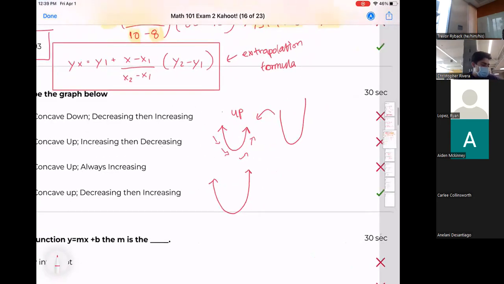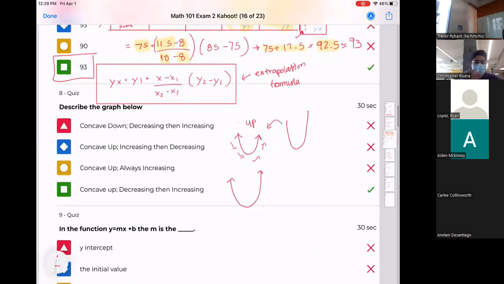The way I like to remember it is like a cup. If I have my cup right here, it's kind of like a parabola, and we know the cup is opened upward. So that's how we can signify concavity going up.